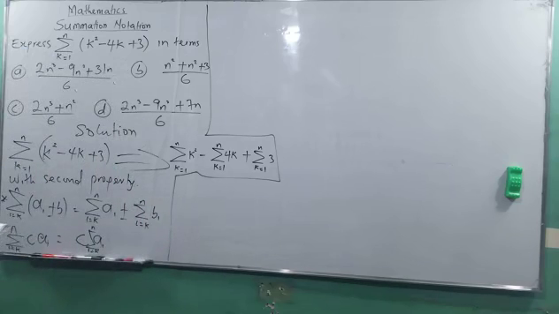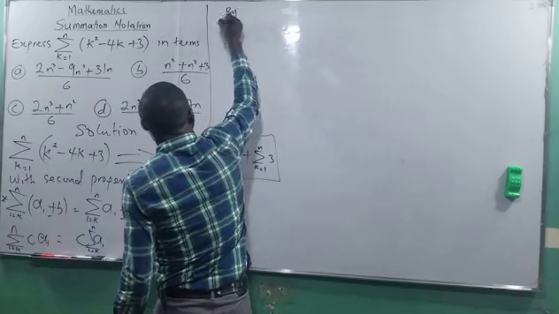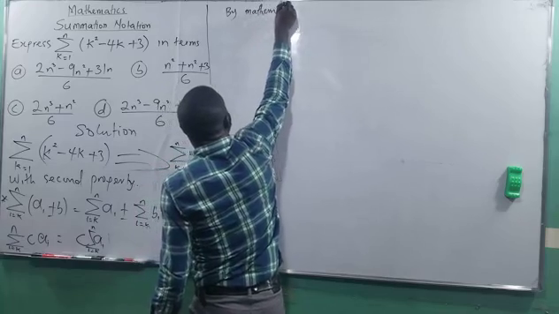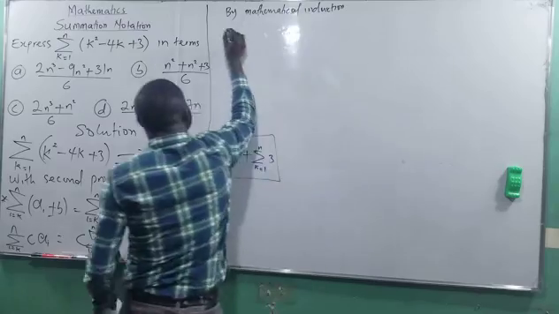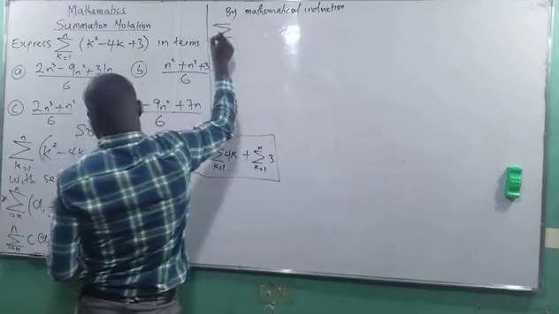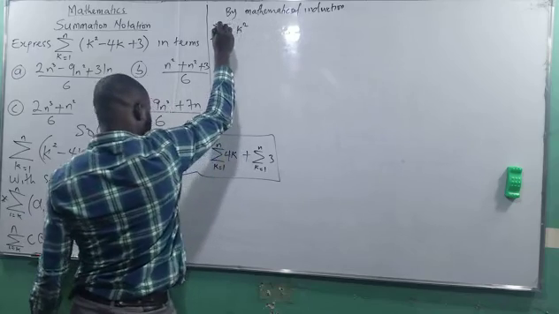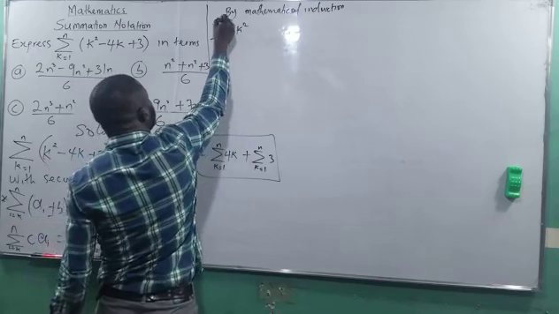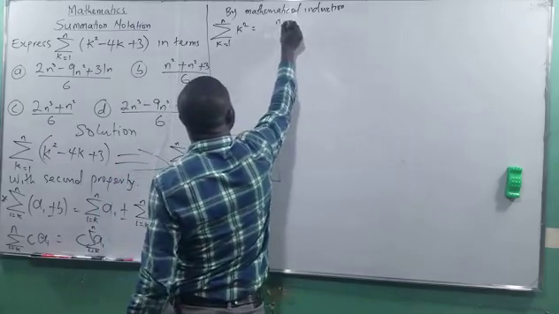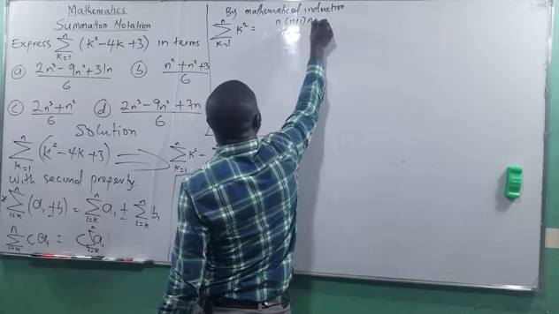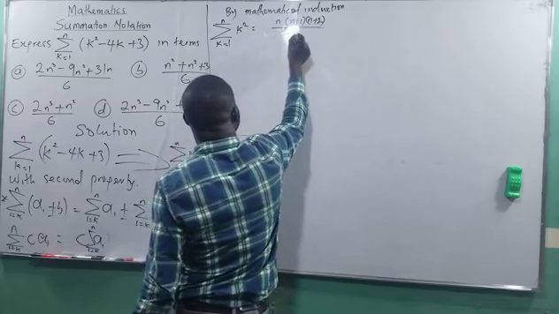Now, since I have this, we all know by mathematical induction that the summation of k squared from 1 to n will be equal to n times n plus 1 times 2n plus 1, divided by 6.